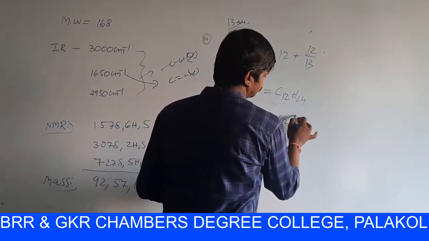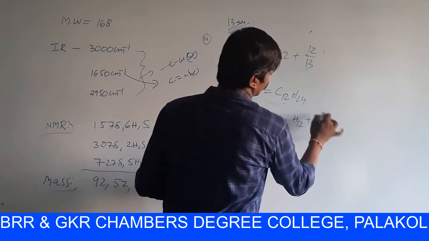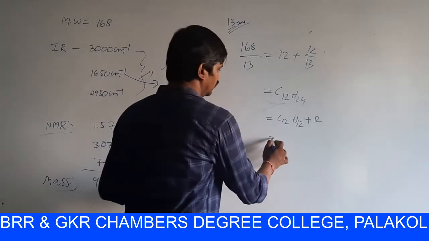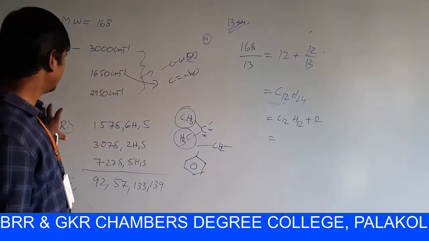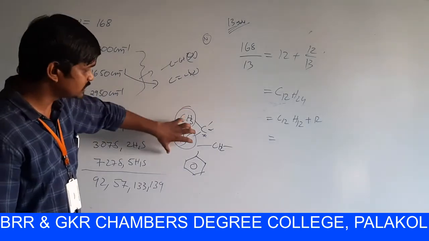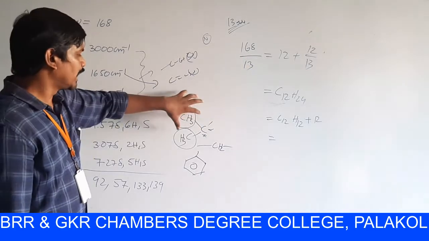Now I just subtract these 12 hydrogens. The molecular weight of 12 hydrogens is 12. And by observing the NMR data, the 6 hydrogen singlet represents two CH3 groups attached to one carbon. So that means our molecule has an isopropyl group.